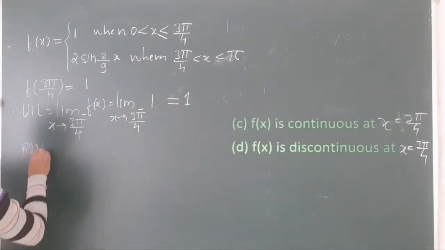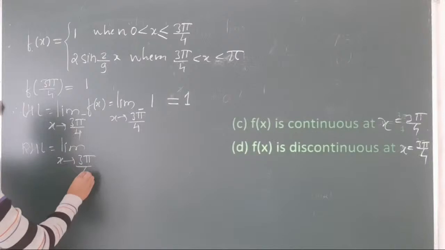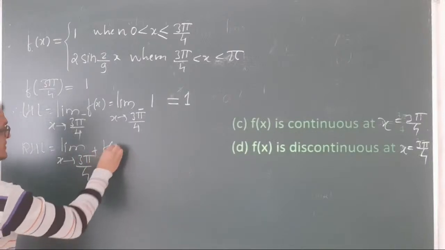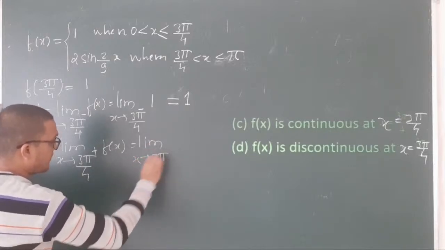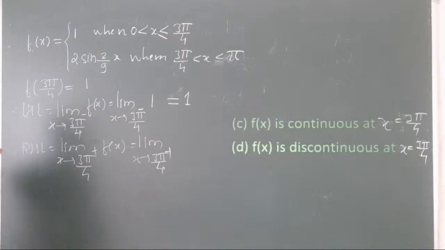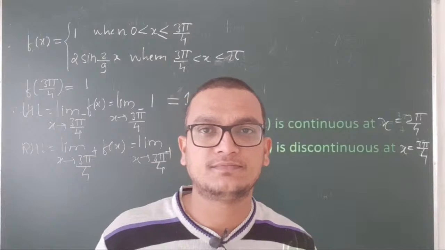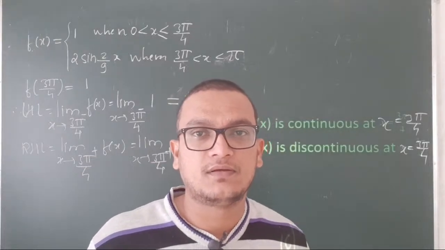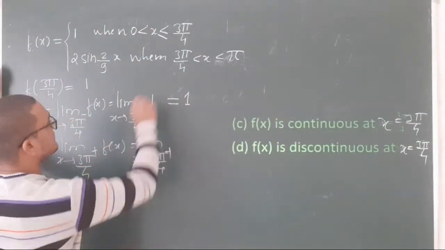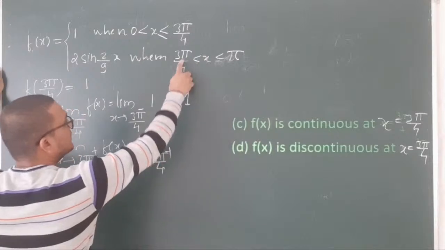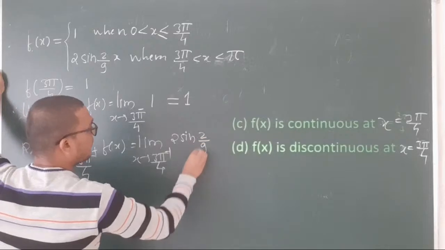Next, RHL is equal to limit x tends to 3 pi by 4 plus f of x. RHL means x is greater than 3 pi by 4. So for x greater than 3 pi by 4, what is the function? See here, for x greater than 3 pi by 4, the function is 2 into sine of 2 upon 9 x.